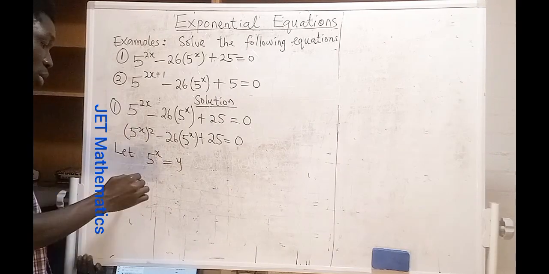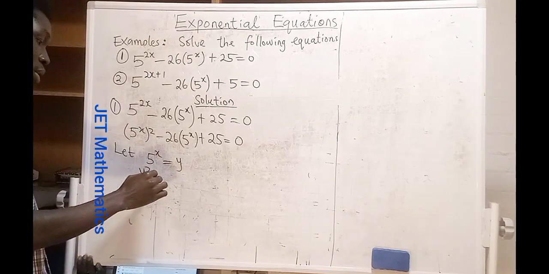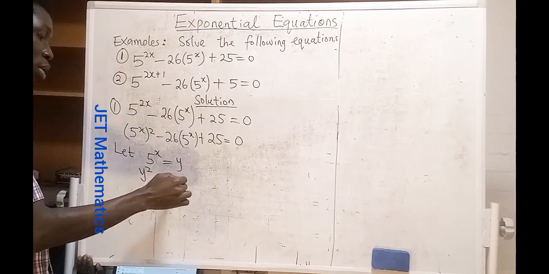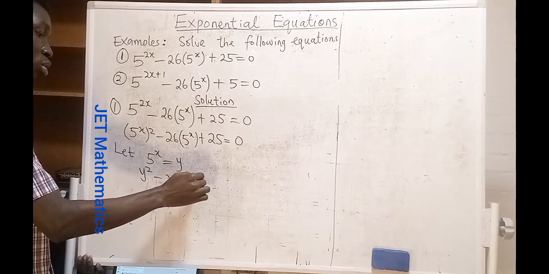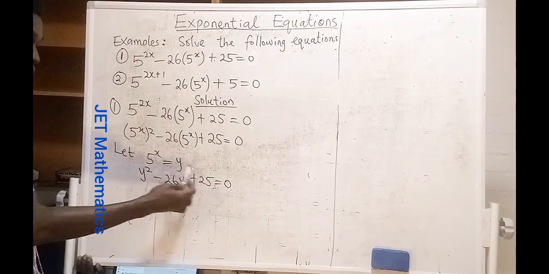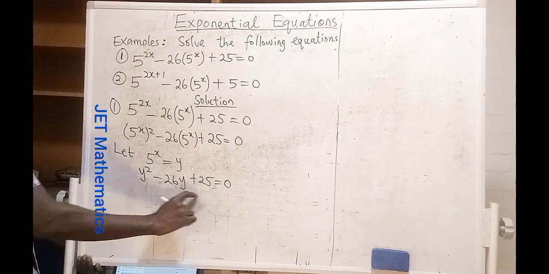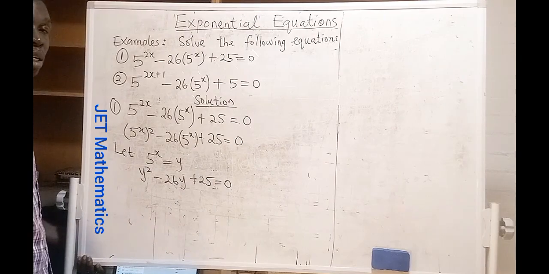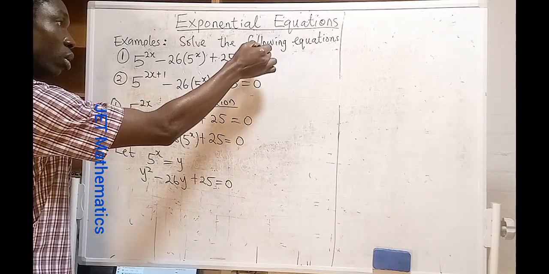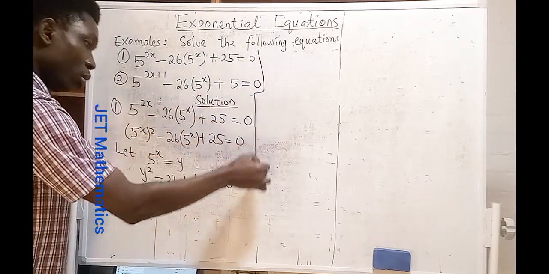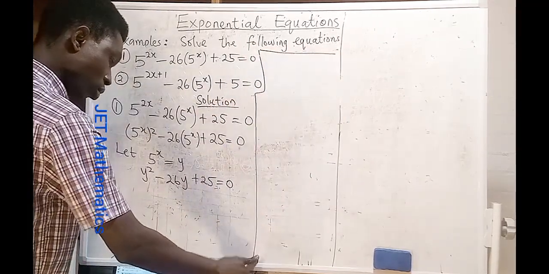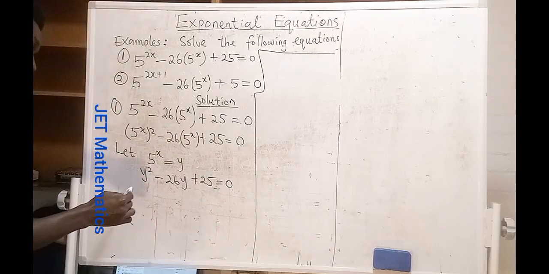So that this becomes y squared minus 26y plus 25 equals 0. So we've made it very simple, and what we have here is a quadratic equation. So we are going to see how we can simplify this.